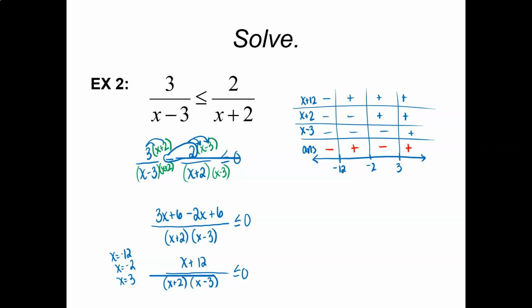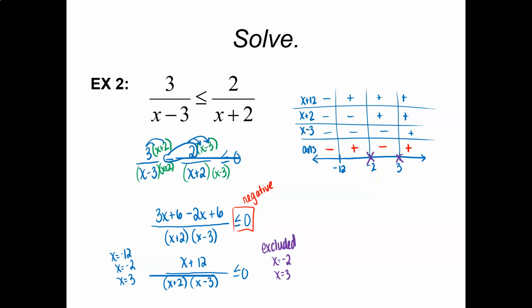Okay. This one we do have to think about a little bit more, because we've got the or equal to sign right here. So we are looking for negatives, but we got to think about excluded values. So our excluded values, what are they? Negative 2 and 3. So negative 2 and 3 are excluded values.